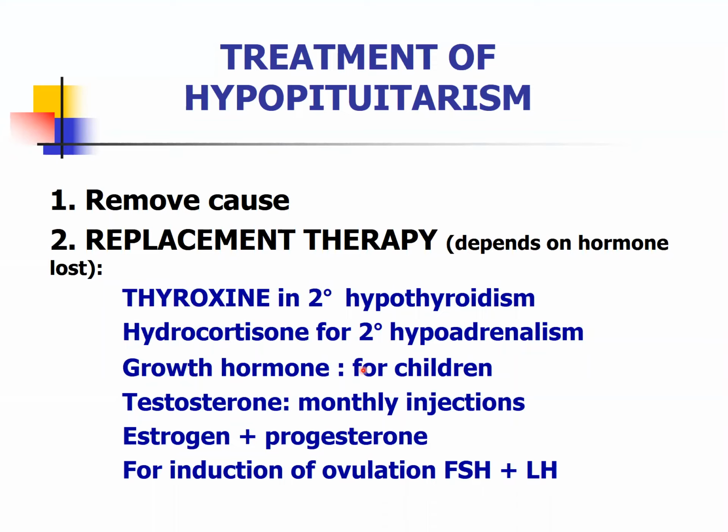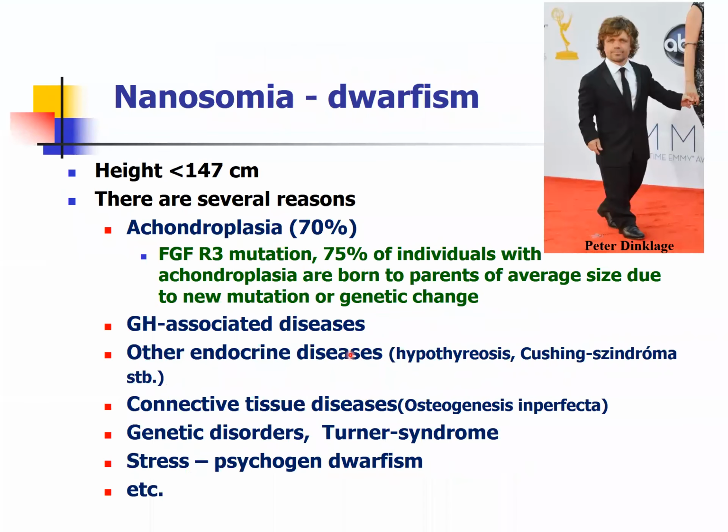Growth hormone is usually administered for children to keep the linear growing, and testosterone and estrogen replace the sexual steroid hormones.